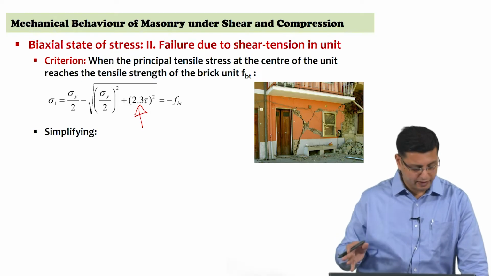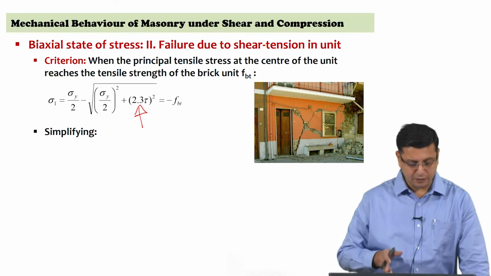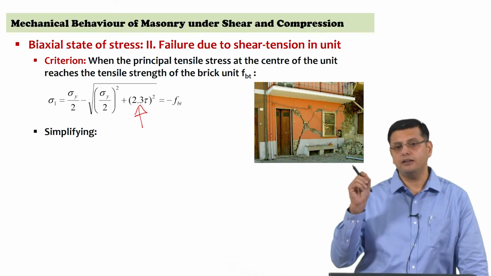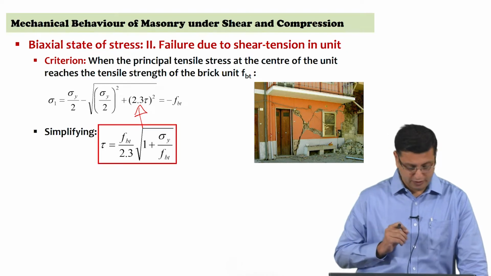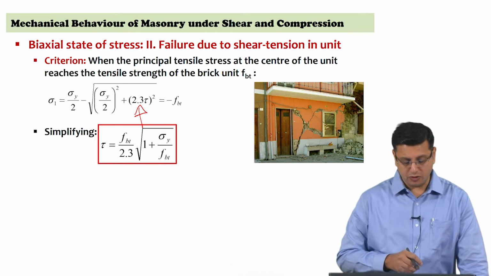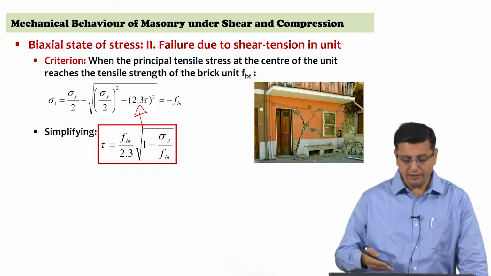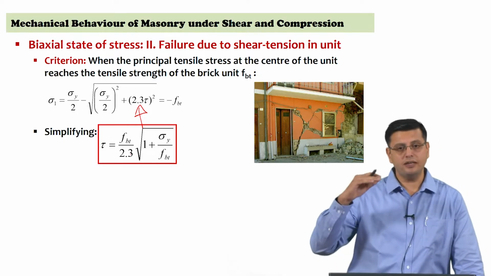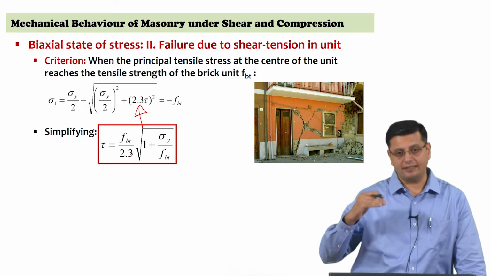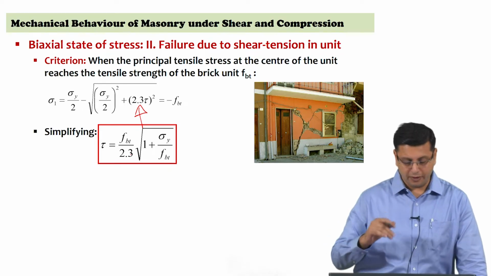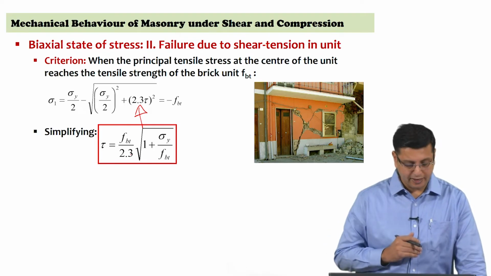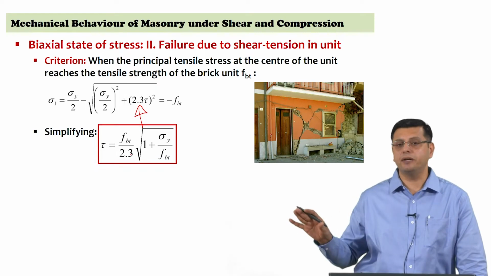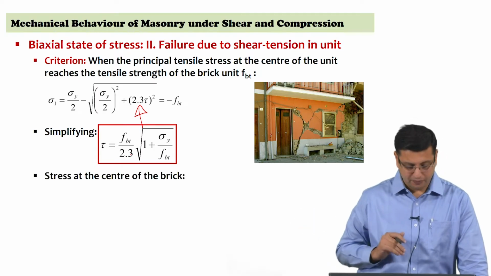So, expanding the under root terms and rewriting the expression in terms of tau, making use of the failure strength here, which is the tensile strength of the unit itself, we get an expression in FBT: FBT by 2.3, under root of 1 plus sigma y by FBT. That value 2.3 comes because of the estimate of the shear stress at the center of the brick, the original formulation being at the joint itself. Sigma y is the average precompression in the wall, the average normal stress in the wall.